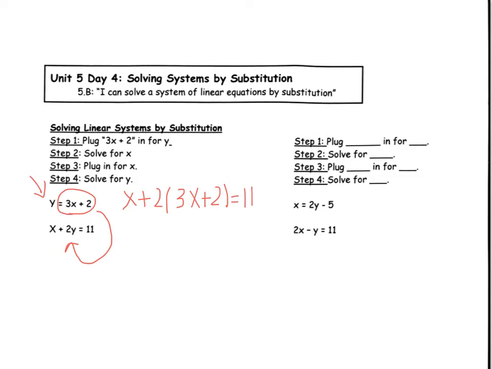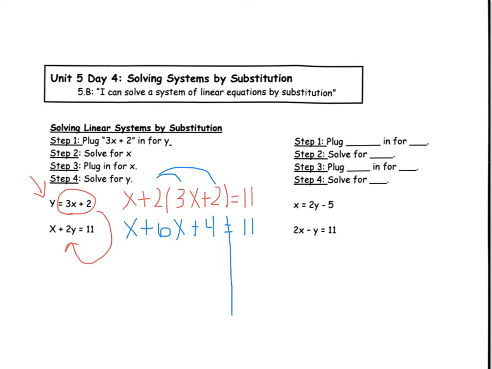Now I solve my second equation, or the new equation, for x. So I distribute and carry everything down. x plus 6x, I got that from distributing, plus 4 equals 11. Now it's a matter of solving the equation.